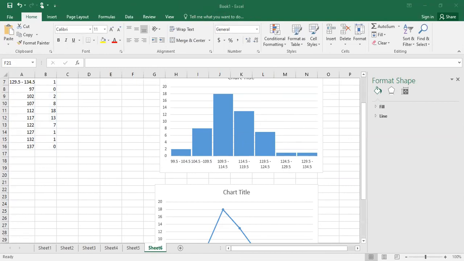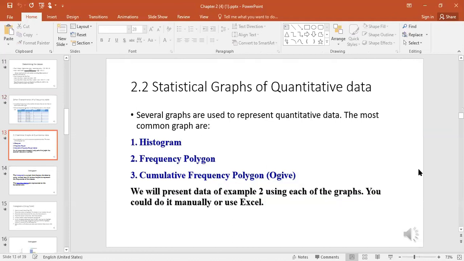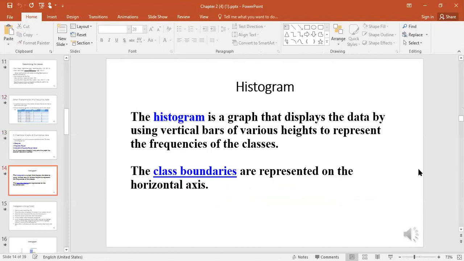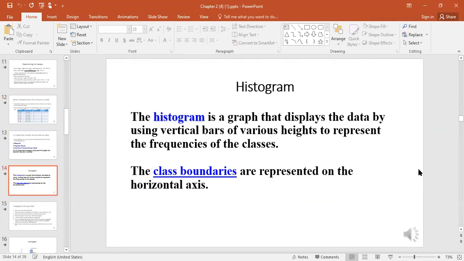The next graph that we might want to learn about is an ogive, which is a cumulative frequency.